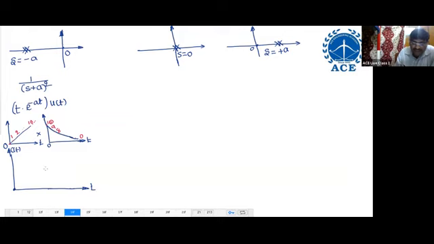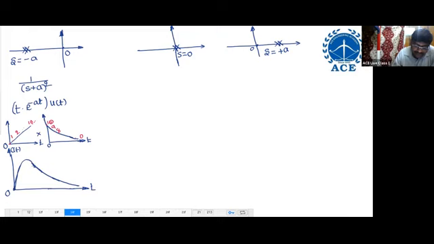That means it increases and then decreases. If we draw the response, it will increase like a ramp signal and decrease exponentially.